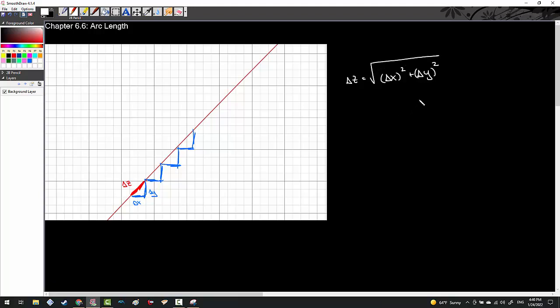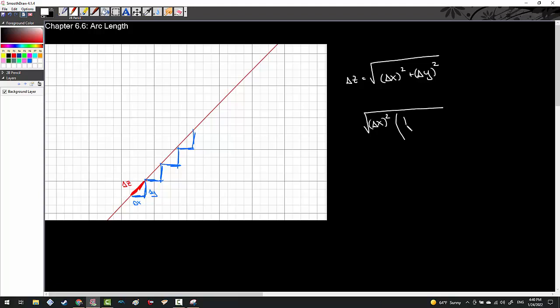I'm going to manipulate this a little bit to make it more formulaic. I'm going to factor out a delta x squared. Now I know what you're thinking: how are we going to factor out a delta x squared when there's nothing to factor out of this guy? Well, there is.